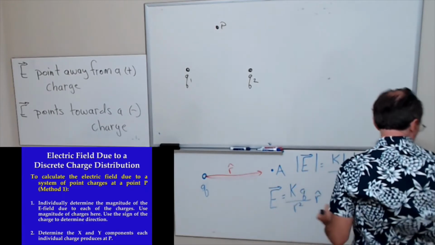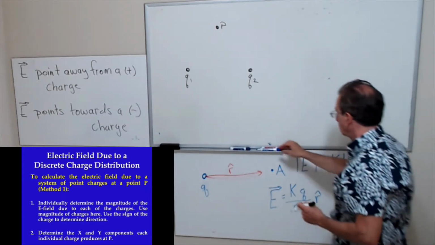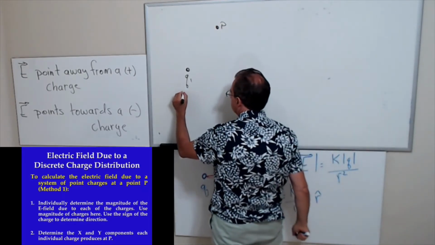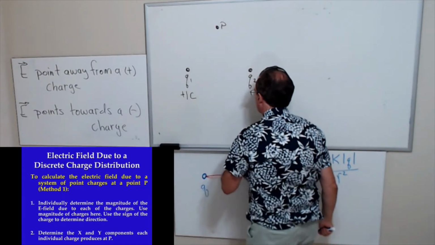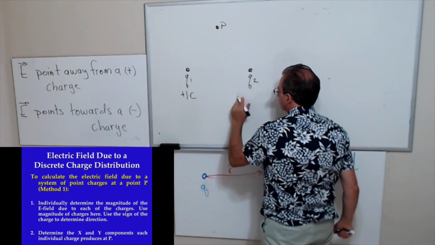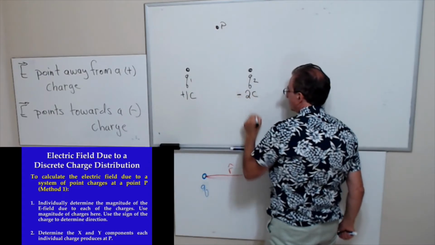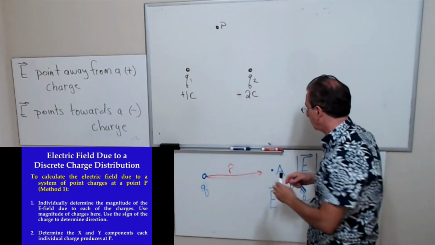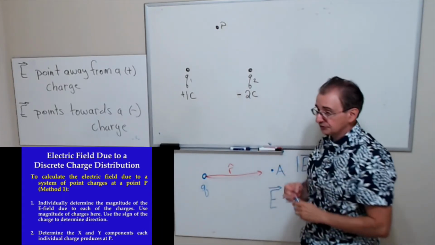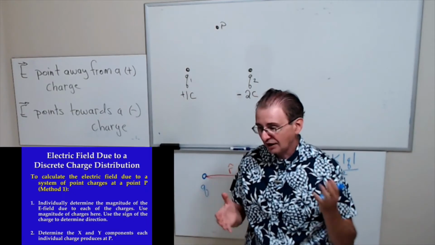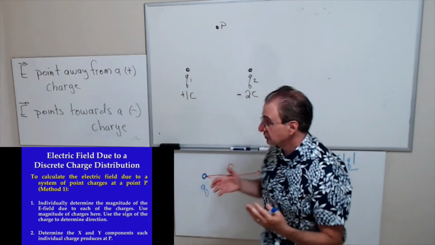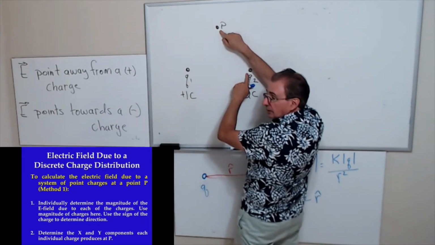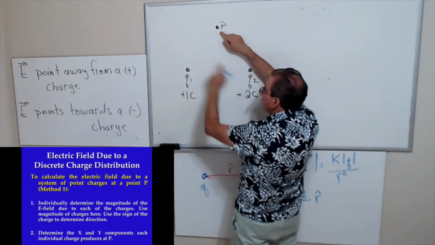So I want to illustrate how to do this, and I want to do it the physical way. So let's pretend that this is plus 1 coulomb, and this is plus or minus 2 coulombs. I'm just going to illustrate to you what I have to do, and then I'll do an example. Electric fields, just like Coulomb's law, obey the principle of linear superposition. So the field here, due to this object, is not affected by the field due to this object, and vice versa.